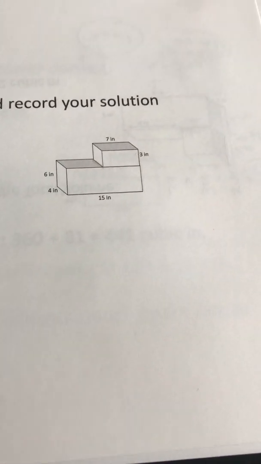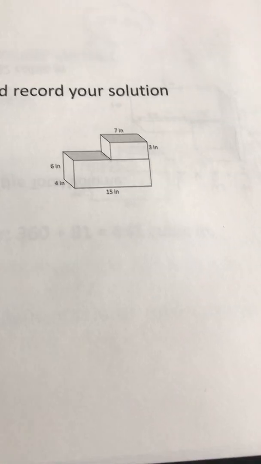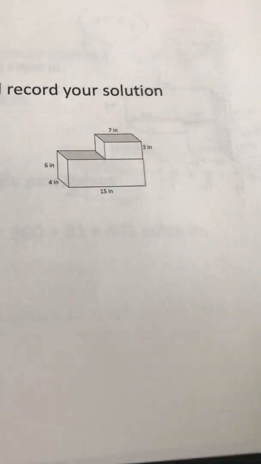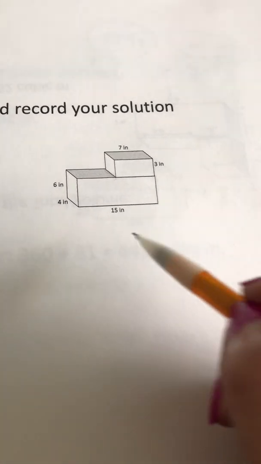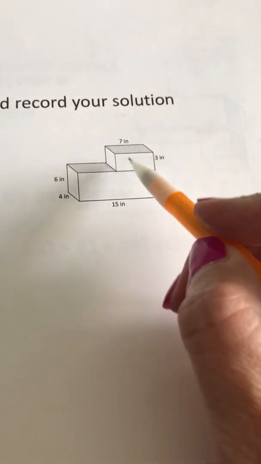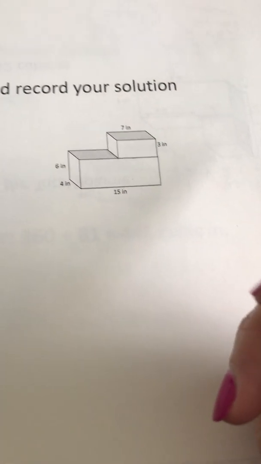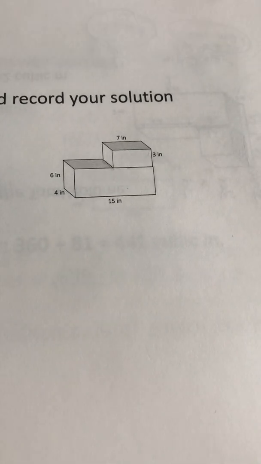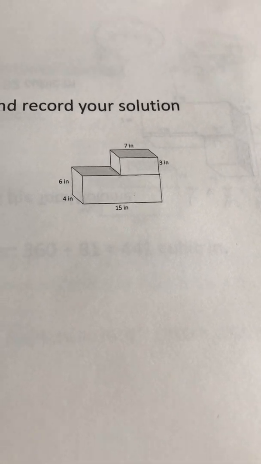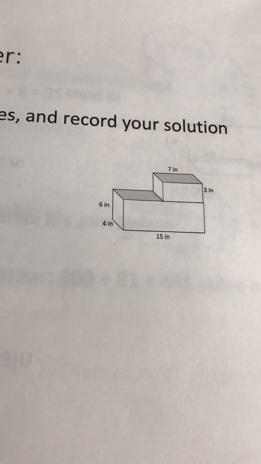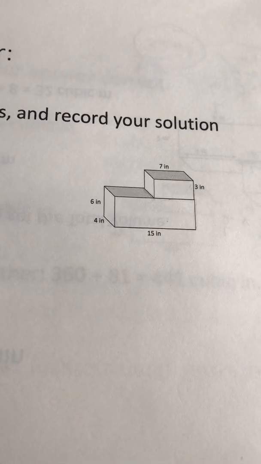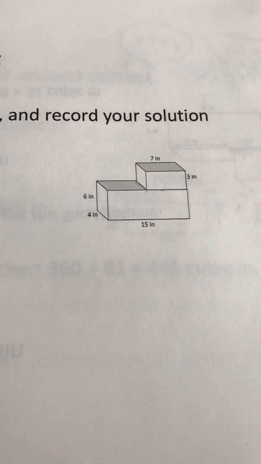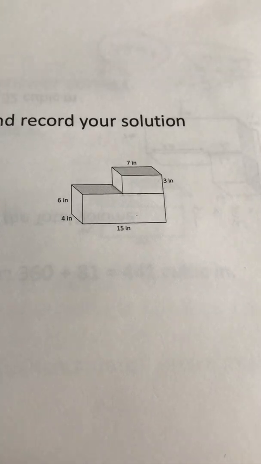You know, I like to give you the answer. My big thing is, how did you get that? So for this one, we need to figure out the bottom box and the top one. Go ahead and figure that out. I'm going to give you a little time to do some on your own. I'm going to guide you a little bit, and hopefully you can follow along with me and write your answers down as we go along.